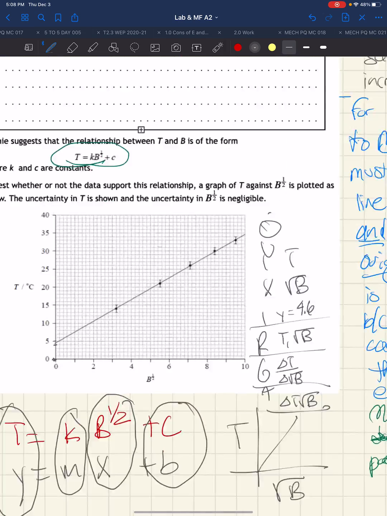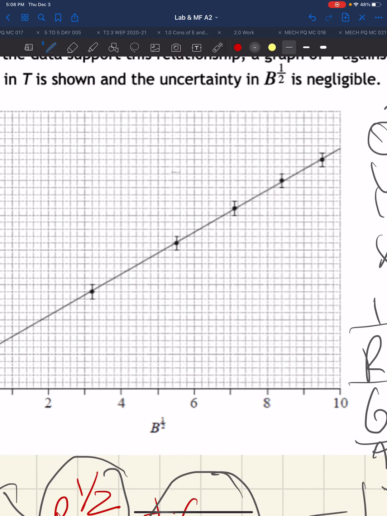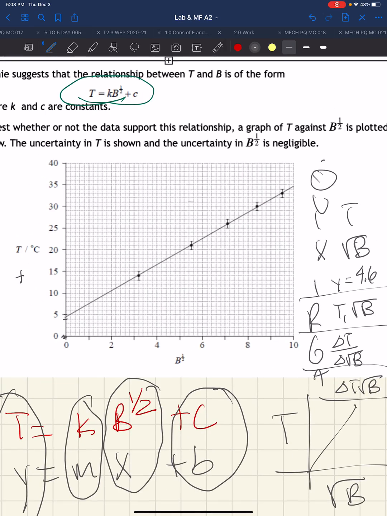We see there is a straight line. We check the uncertainty, and the uncertainty is, again, plus or minus 1 degree Celsius, which makes sense because y wasn't transformed. The uncertainty would stay the same. This goes by ones. And the horizontal axis, let's see, that's 1, and we have 5 increments, so it goes by 0.2.